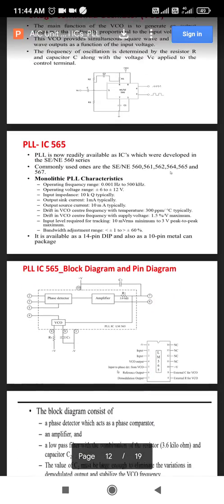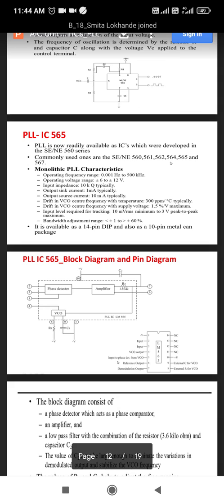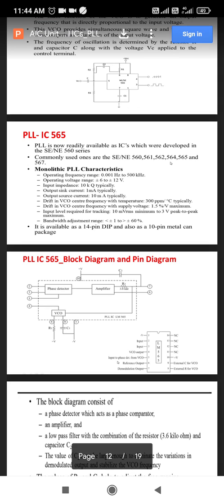Then we started, for your syllabus unit number 6, the PLL IC. There are a number of PLL ICs available in the market, such as 560, 561, 562, 564, 565, 567, but for our syllabus, IC 565 is mentioned.